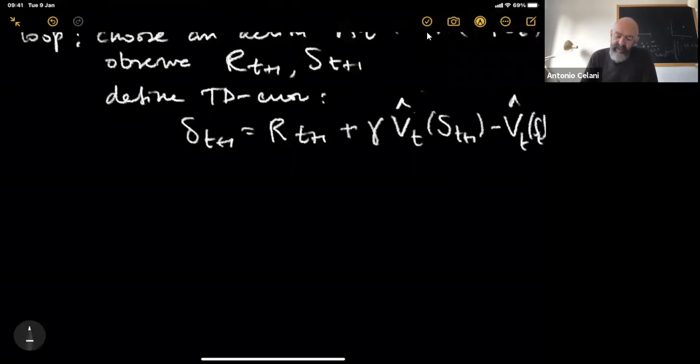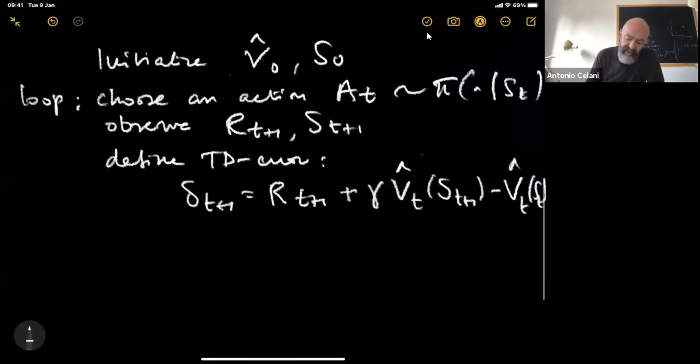You remember that this temporal difference error can be interpreted as the difference between the observed reward and the estimated reward. So at any given time t, you can construct an estimation of what you expect to be the reward at the next step using your current approximation of the value function, and you compare it with the actual observation. This provides you with the temporal difference error, which you use to correct your previous estimate. Then in general, you define an eligibility vector.